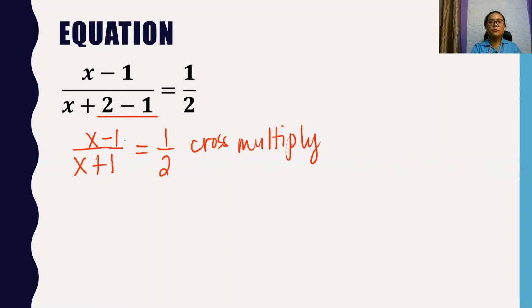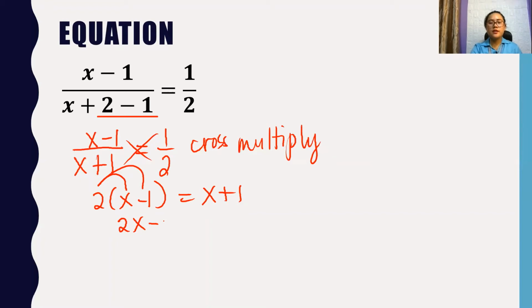Okay, so that would become 2 times x minus 1 is equal to 1 times x plus 1. All right, then we are going to distribute 2 times x, 2x. Then 2 times negative 1, negative 2 is equal to x plus 1.